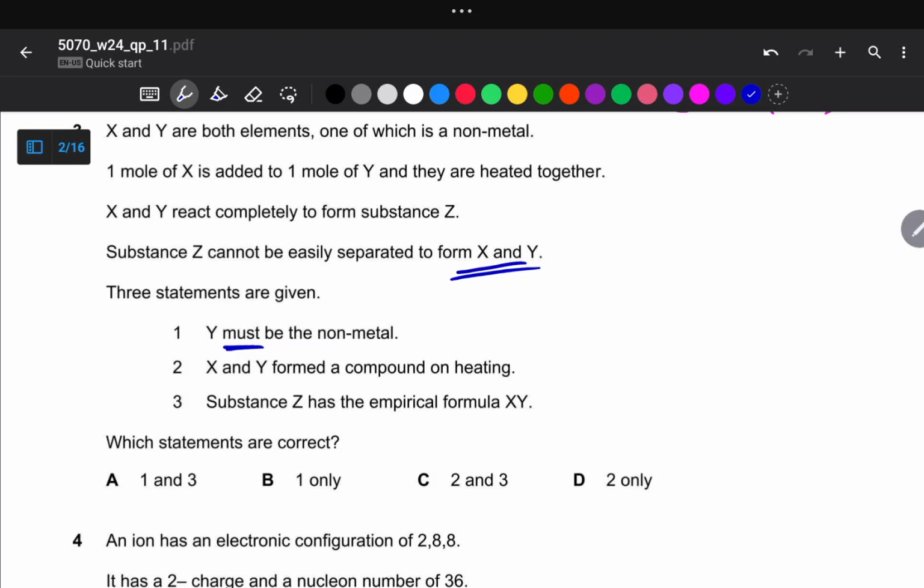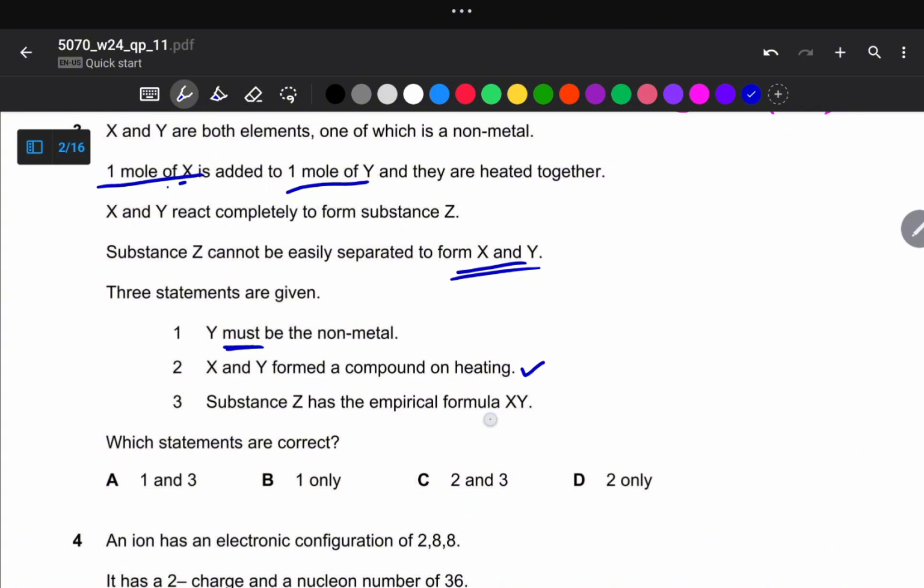And then we have got statement number 2, which says X and Y form a compound on heating. This is true. So this becomes true. And then we go on to option number 3, which says substance Z has the empirical formula XY. So here we've got the reacting ratio. One mole of X reacts with one mole of Y. So this is our reacting ratio.